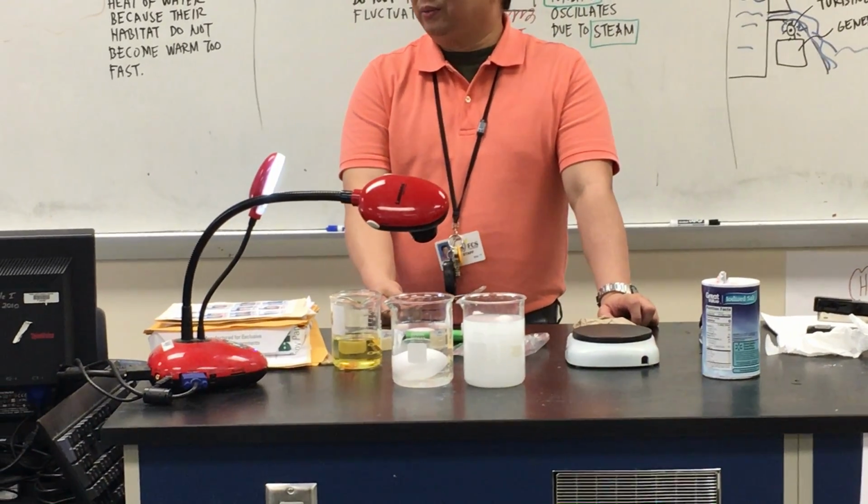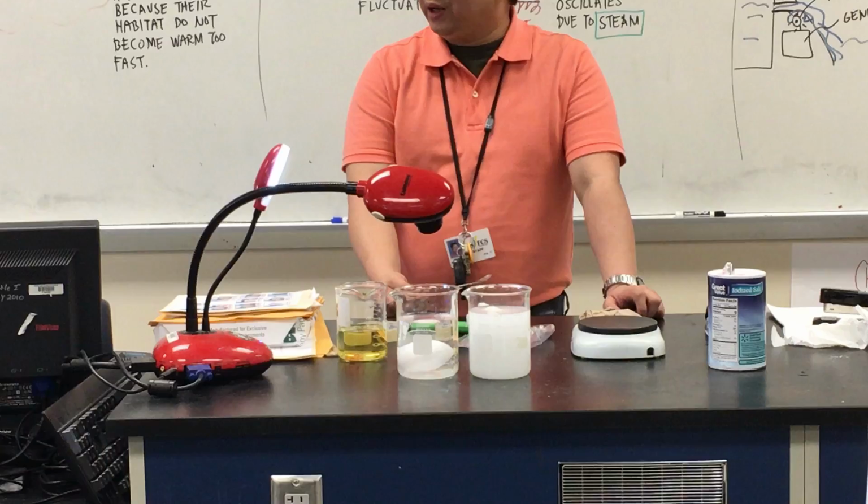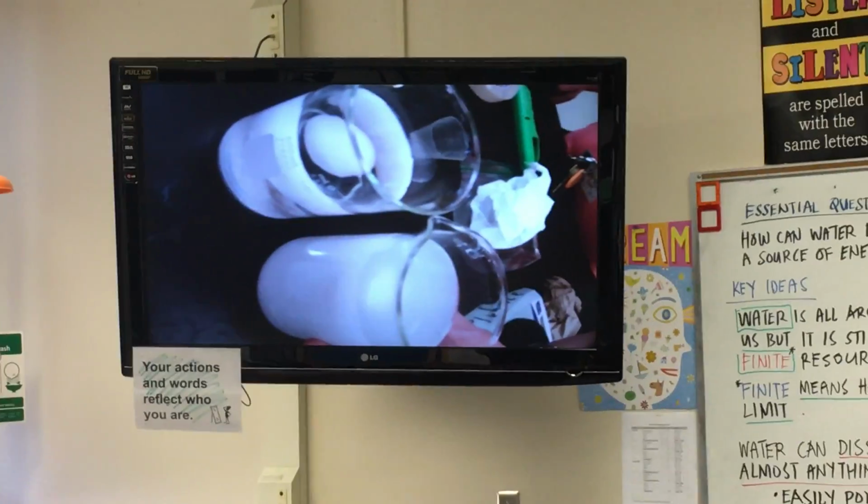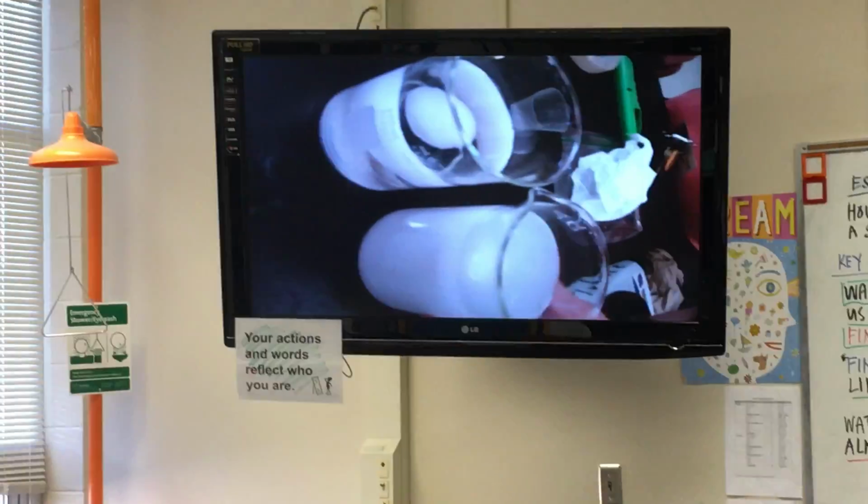What's happening to the egg? It's floating. This now made the water with salt denser than the egg. That is why the egg is floating.